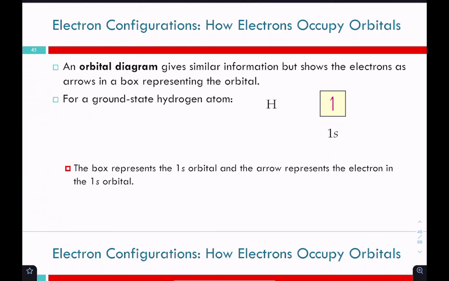And then you can also have a down spin electron. So for helium, we would have a box. This would be still the 1s orbital, and then it would have one up spin electron and one down spin electron. So we can show exactly where the electrons are and how they're fitting into each of the orbitals.